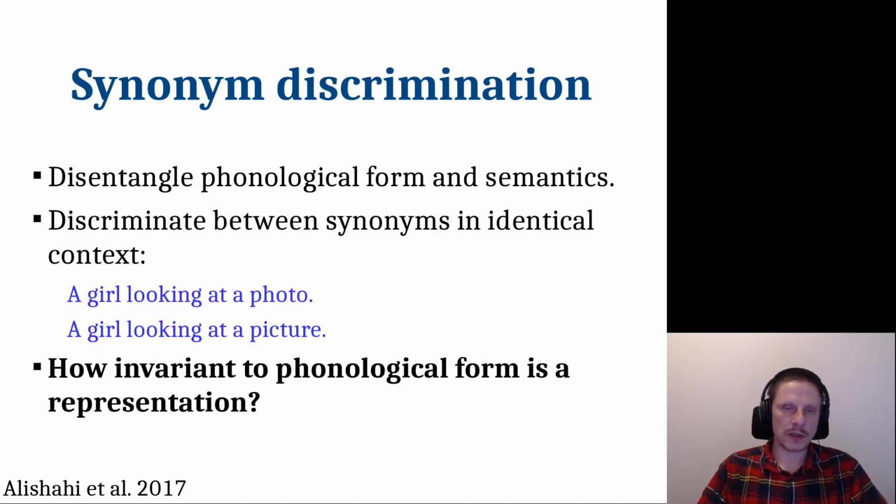So in summary, we want to look at how invariant to phonological form a representation is in a trained, visually grounded speech model.